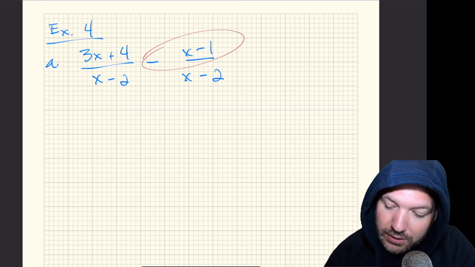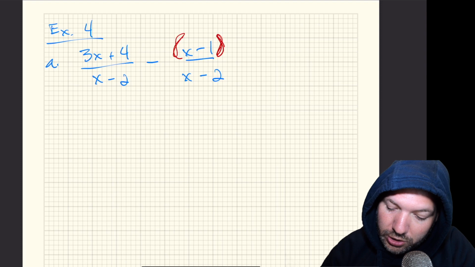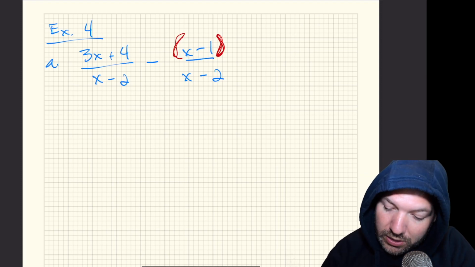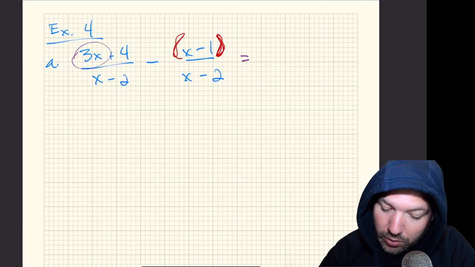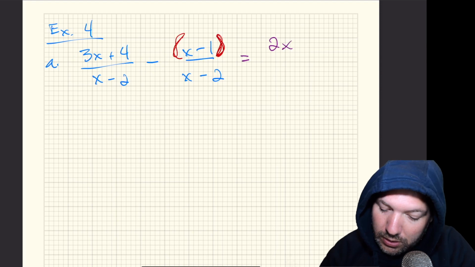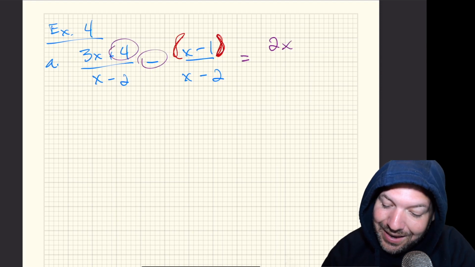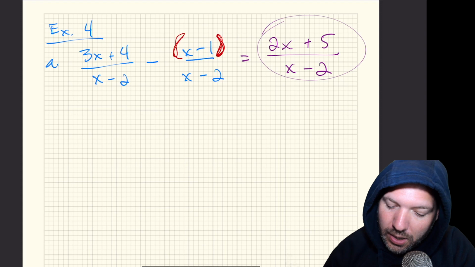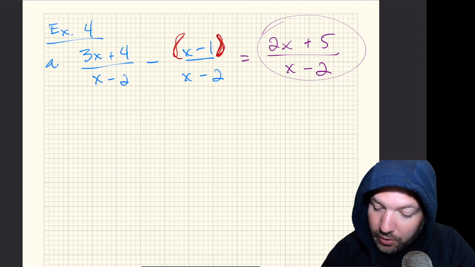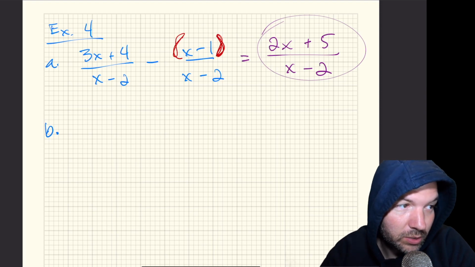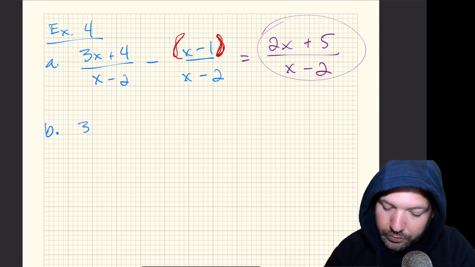We are subtracting a whole expression, and so I usually represent that with parentheses. That reminds me to subtract everything. So the 3x minus the x leaves 2x, and the 4 minus negative 1 actually becomes positive 5. X minus 2, of course, is my denominator. Nothing factors there, therefore nothing cancels, and that's that. That's my final expression, 2x plus 5 over x minus 2.